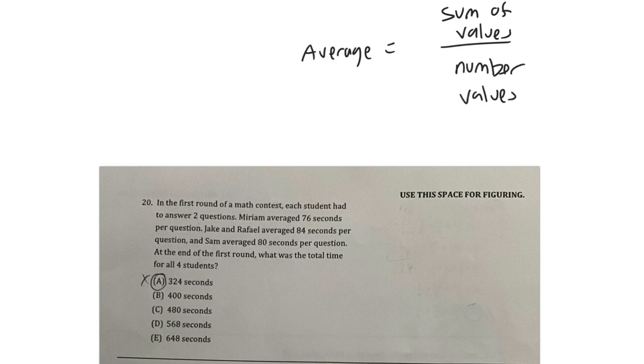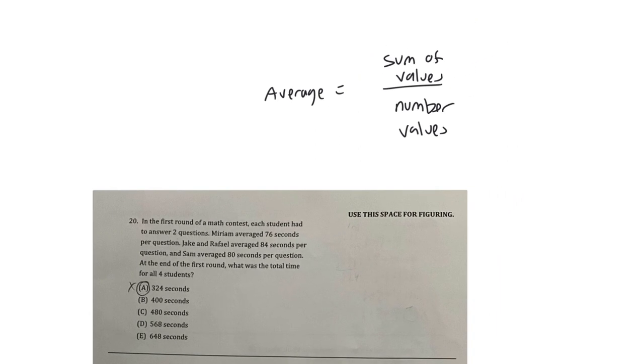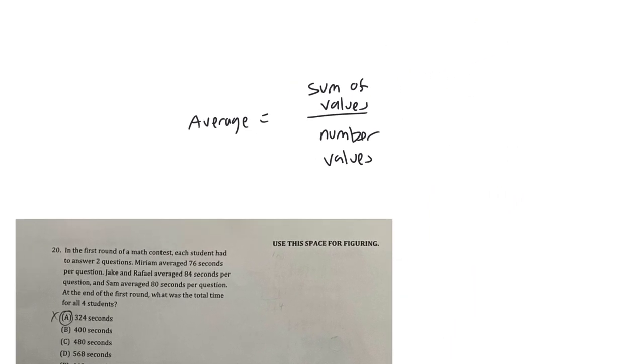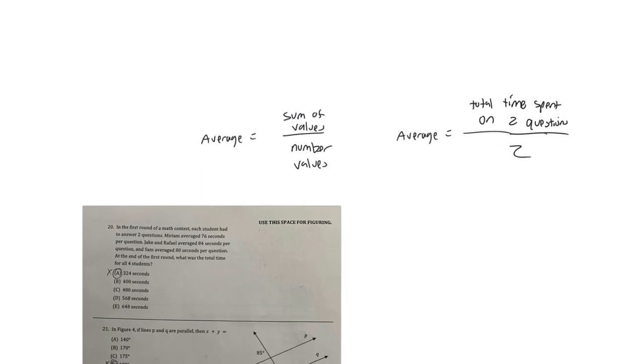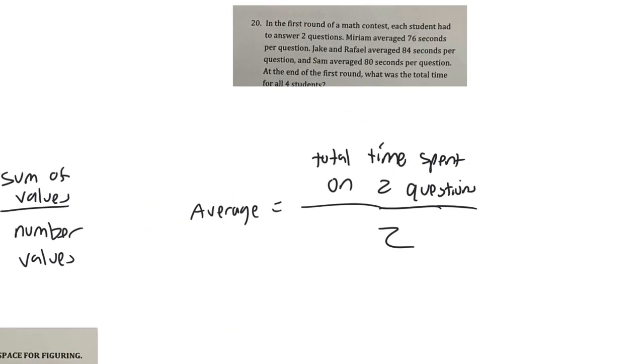Now, we could sort of rework this to say that the average is equal to the total time spent on 2 questions, divided by 2, okay?